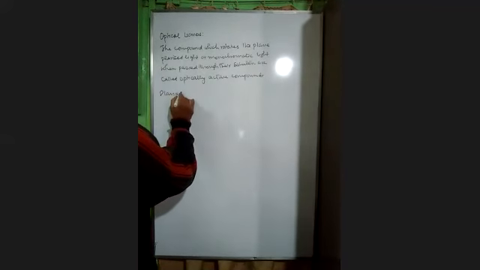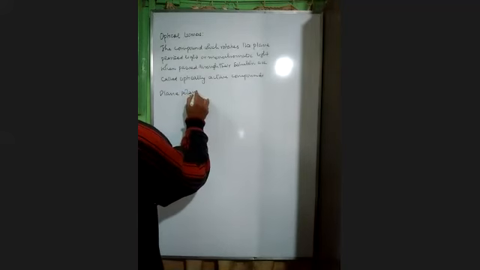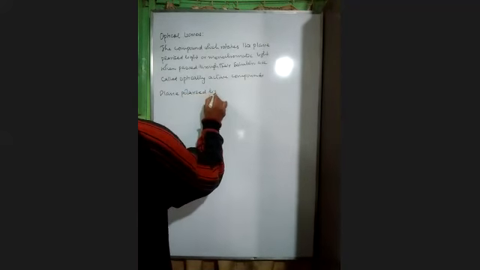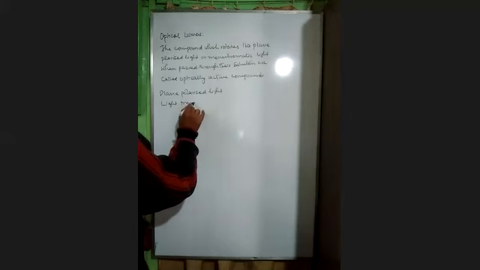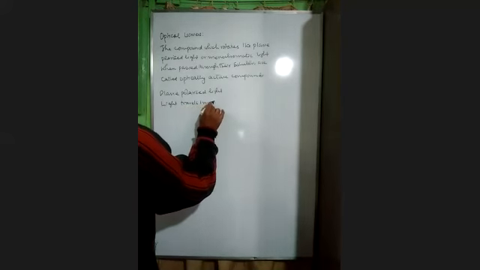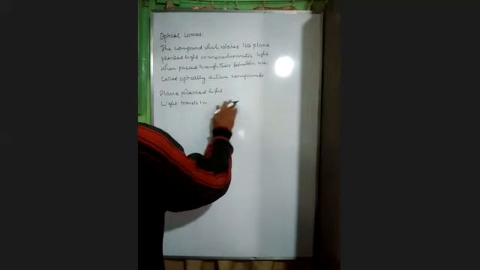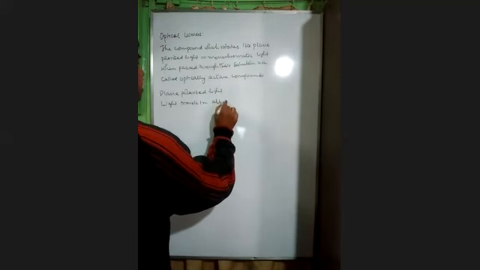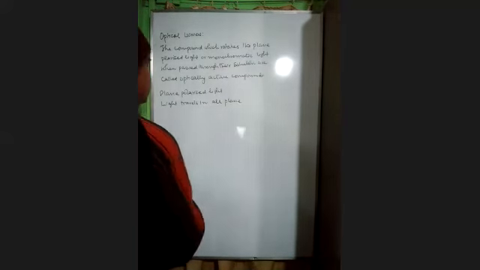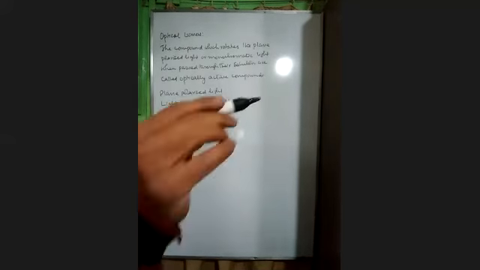Now, what is plane polarized light? You should know. See here. Light travels in all planes. Because of that, when you switch on the light, your entire room becomes illuminated.